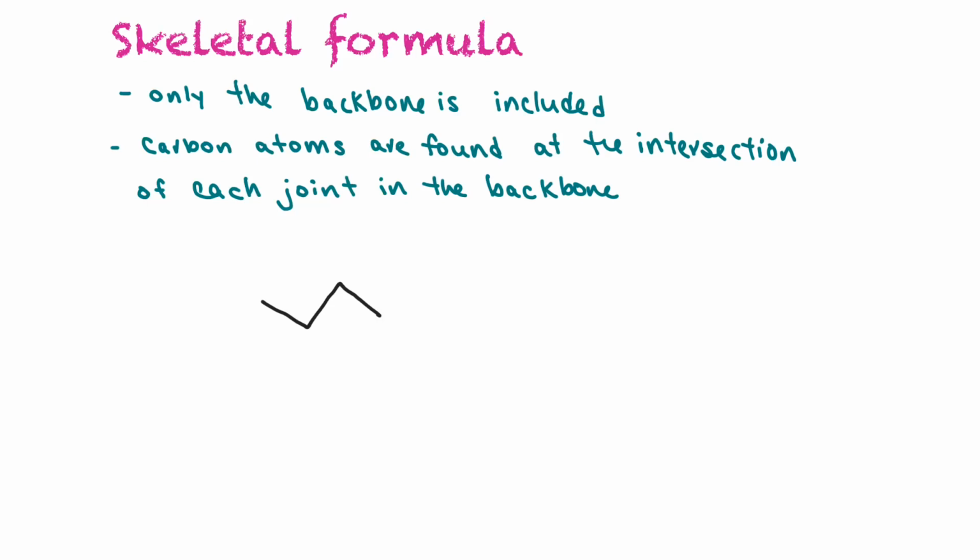This would be a carbon right here. This is a carbon, 2, 3, 4. That's butane in skeletal formula. Now, if you wanted to convert that into 2-butene, you would draw a double bond there. So that's 2-butene, with an additional bond from carbon 2 to 3.